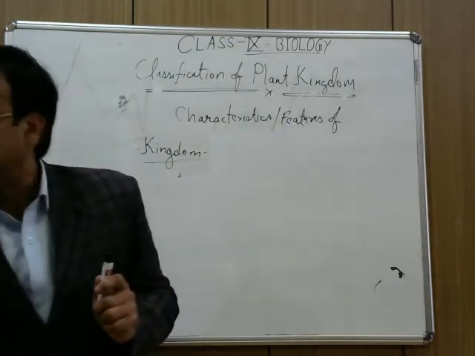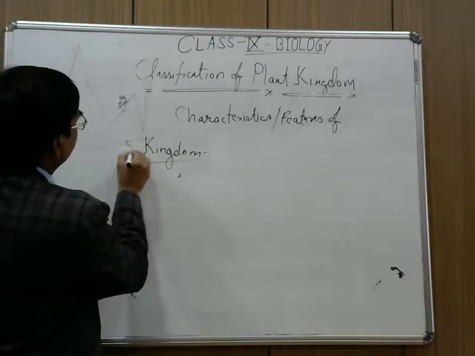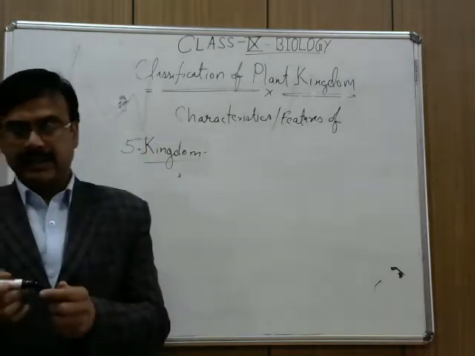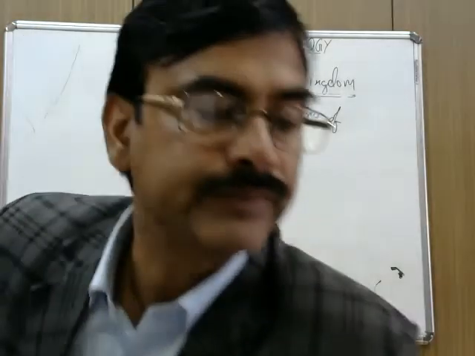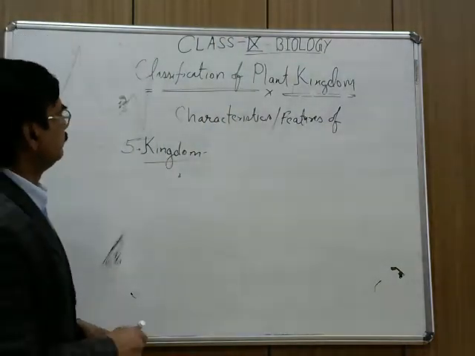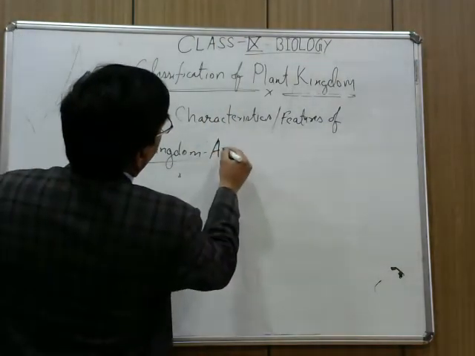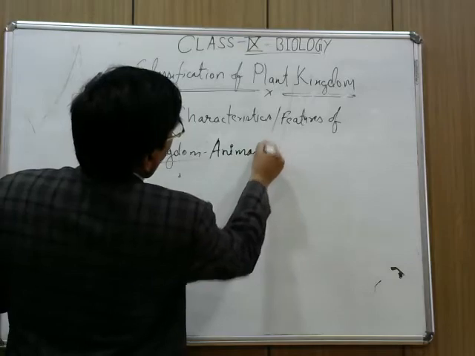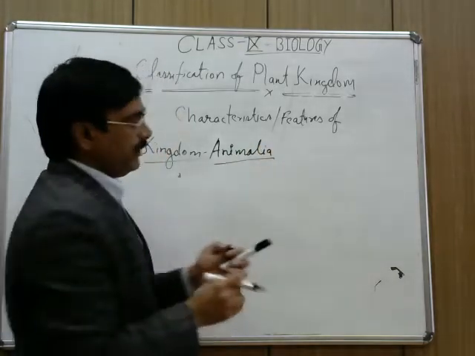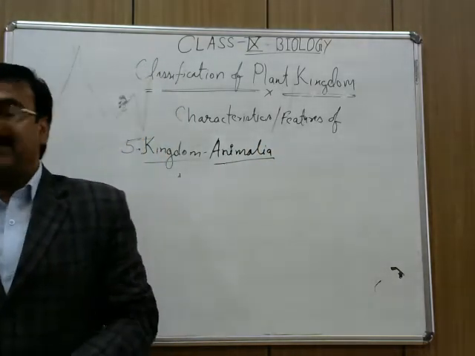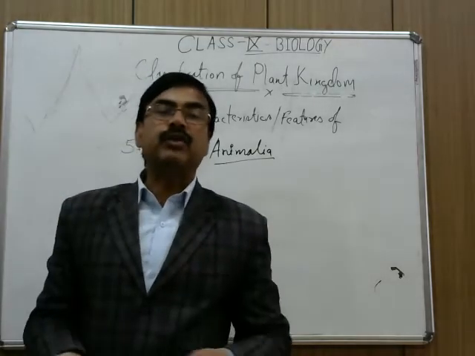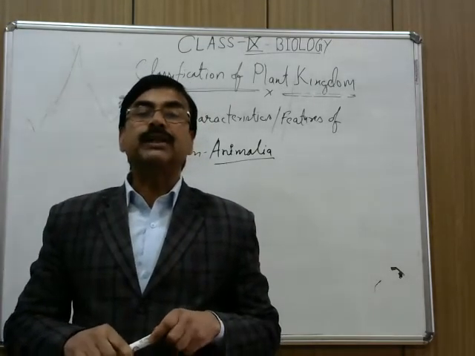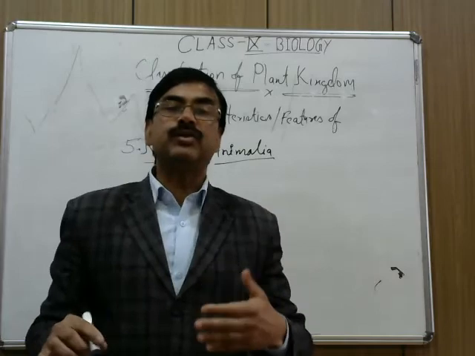Kingdom Animalia, the 5th number. Animalia means they are heterotrophs. They cannot perform the process of photosynthesis. They are not producers.